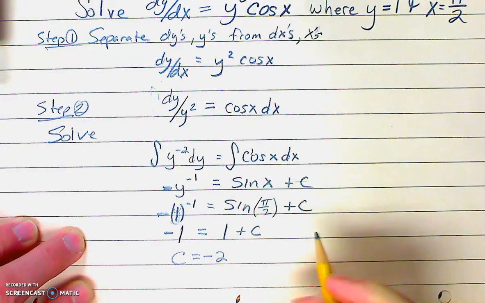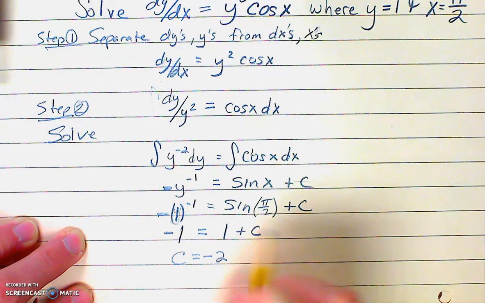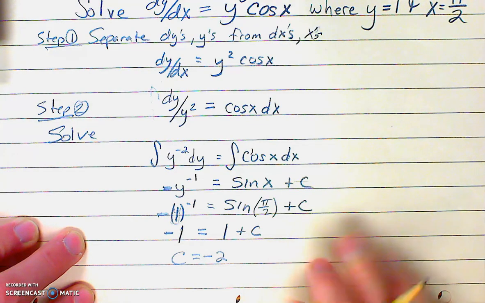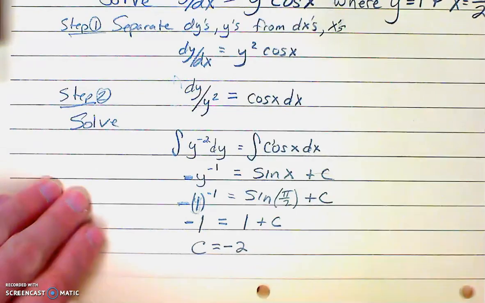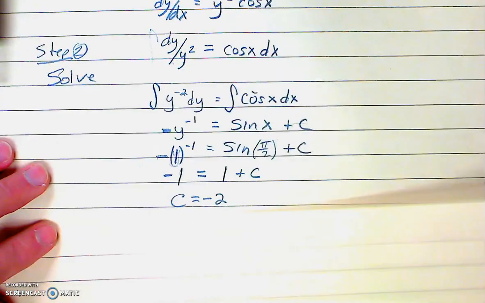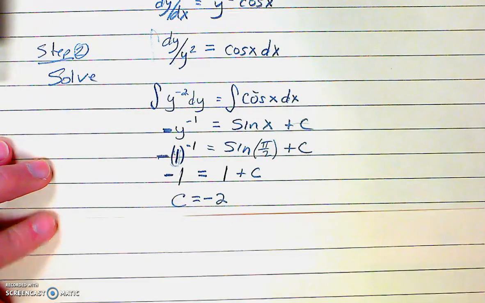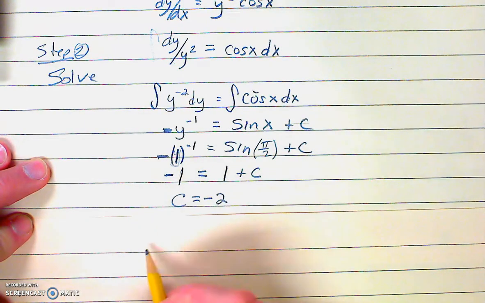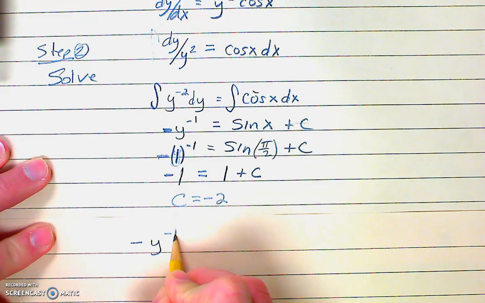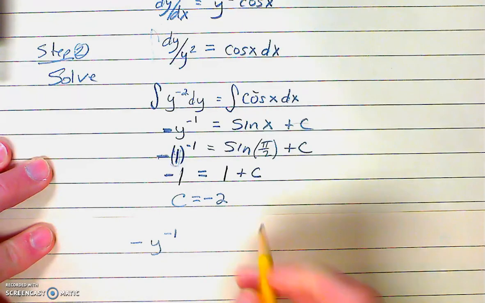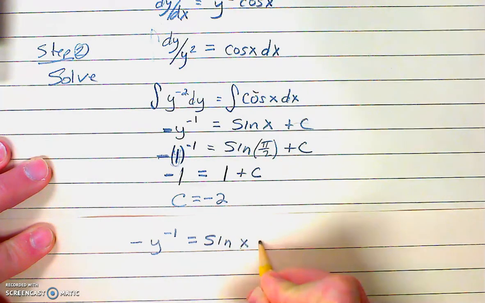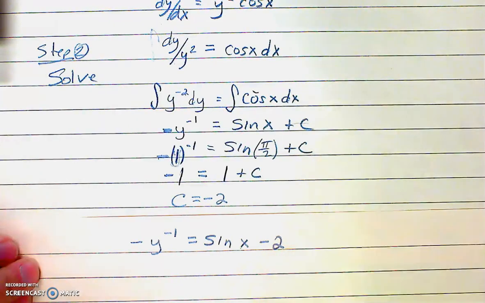Our exact solution right now is going to look like negative y to the negative first equals sine of x minus 2, because c is negative 2.